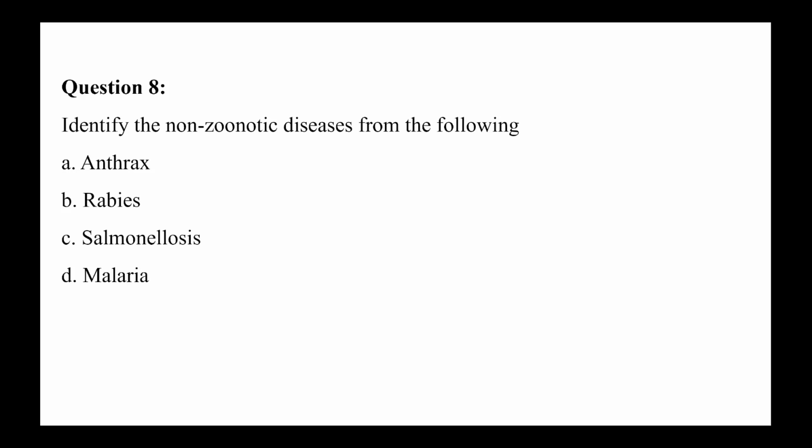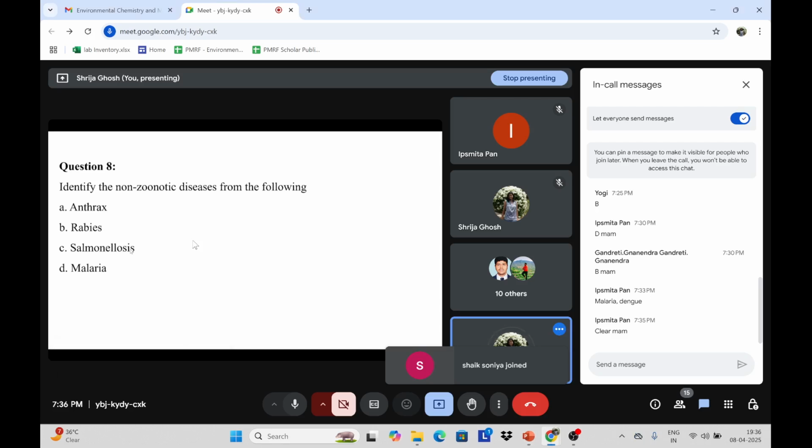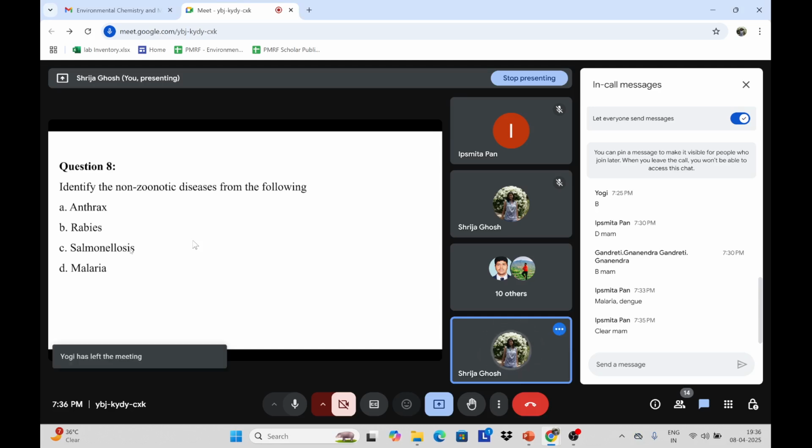Option D, malaria. Please write your answers in the chat box.